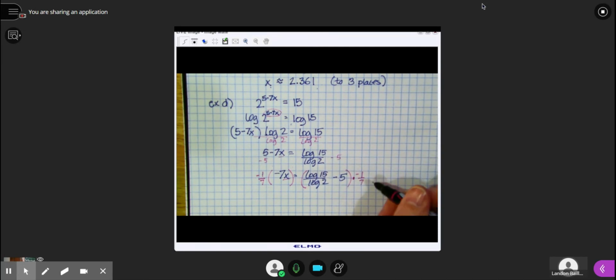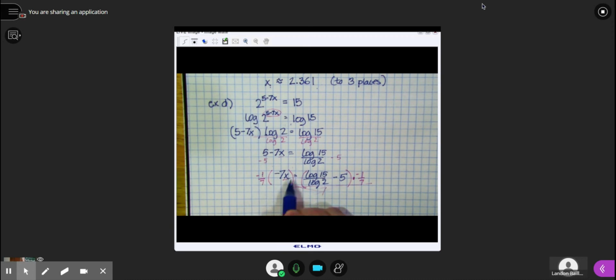The main reason that I would multiply by a -1/7 is because I already have a denominator here. I don't want to put this all over a 7 now. It looks ugly. So instead of doing that, I'm going to multiply by a -1/7.